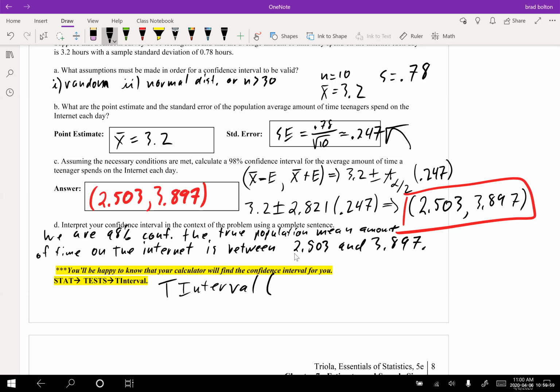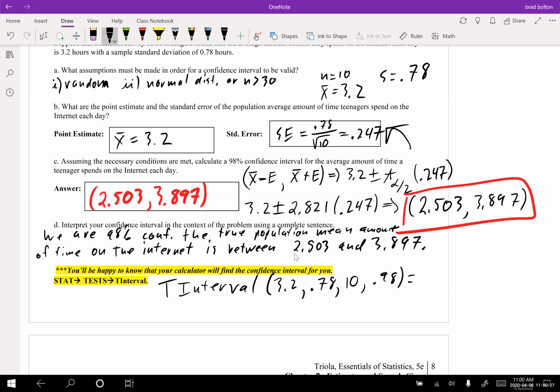It takes a little bit longer. It asked me for n, sorry about that. n is 10, and then 0.98.